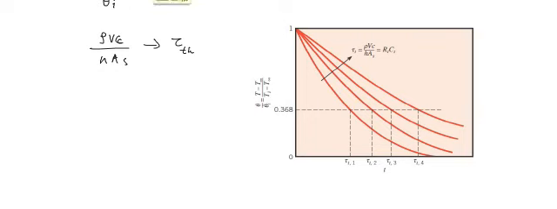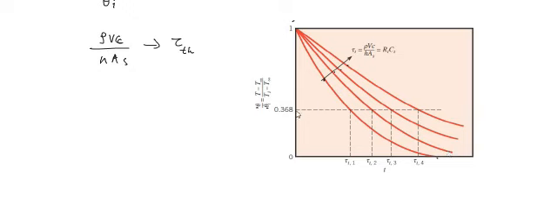If you look at each graph, you can see that as the value of τt, the thermal time constant, increases, that is, this is 1, this is 2, this is 3, this is 4, as the time constant increases, it takes more time for the curve to come to equilibrium. Here we can see that θ over θi is 1, and later on θ over θi is 0, or very close to 0.